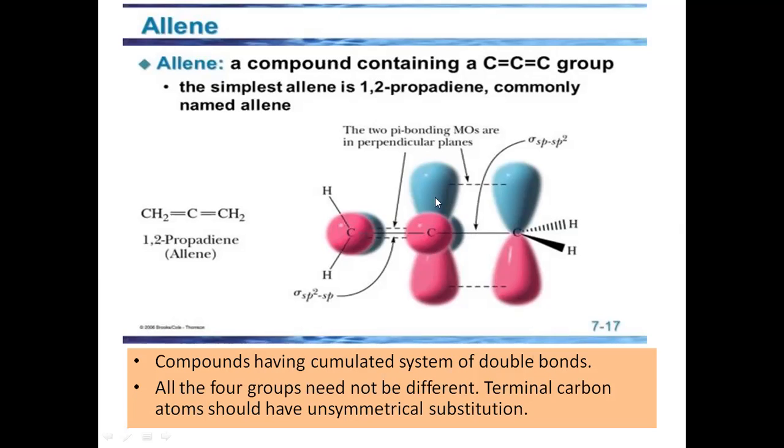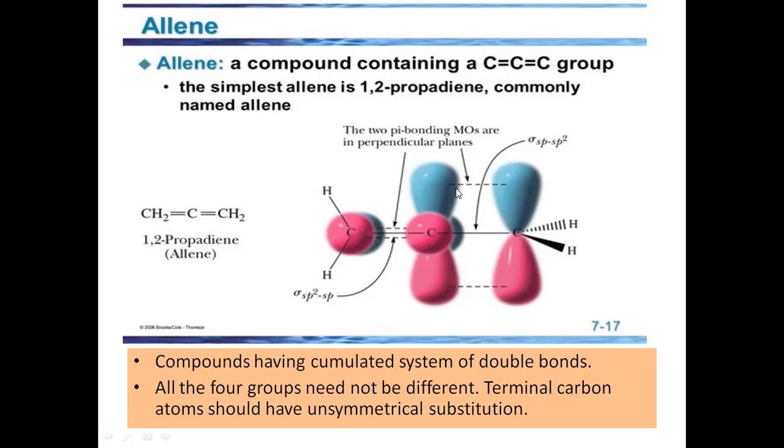See here, 2 pi bonding MOs are in perpendicular planes. Here is a straight line, which is a sigma bond, and these are the orbitals, these are the pi bonds.